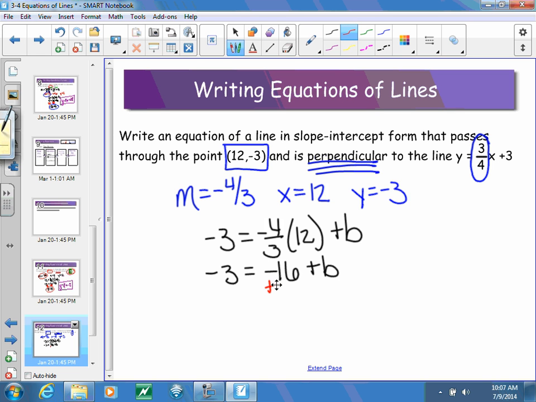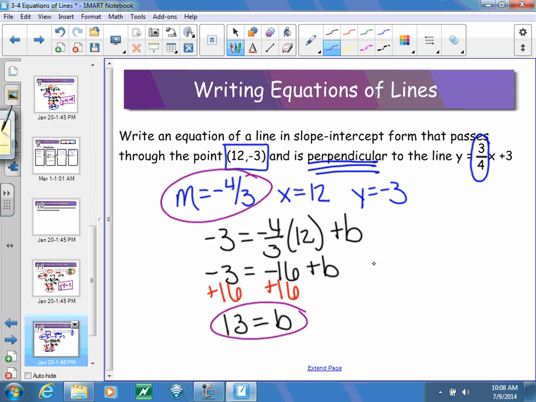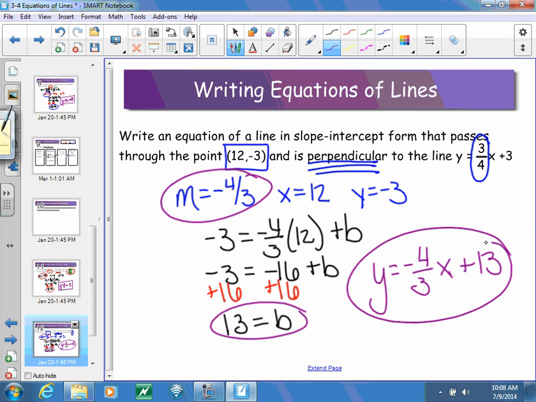And I'm going to now add 16 to both sides. And we end up with 13 equals b. And now we have our slope and our y-intercept, and now we have our equation. Y is equal to negative 4/3 times x plus 13. So there we are.